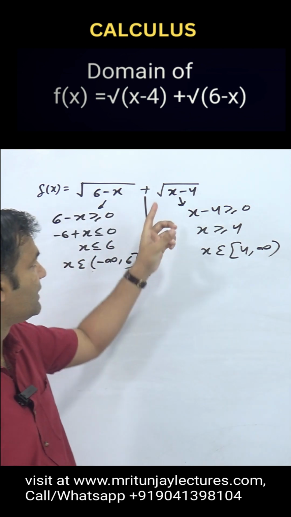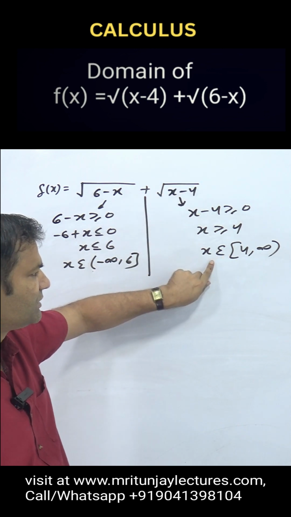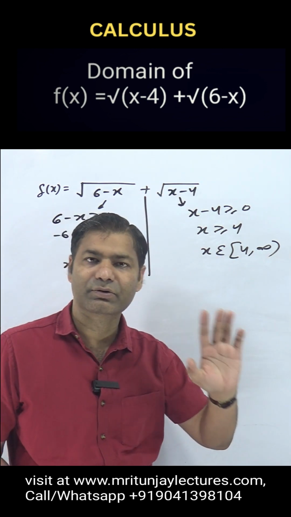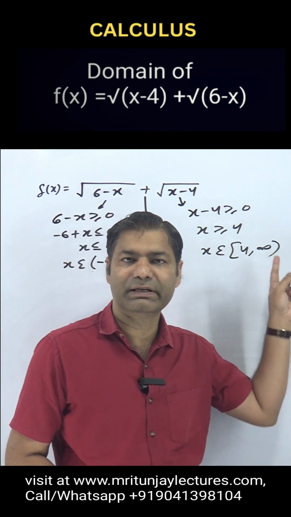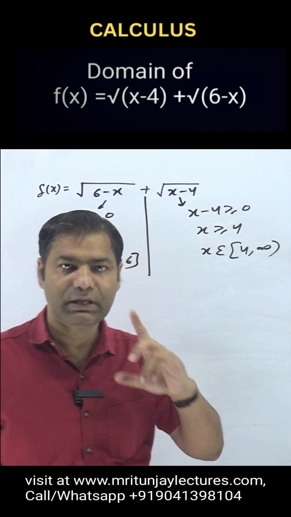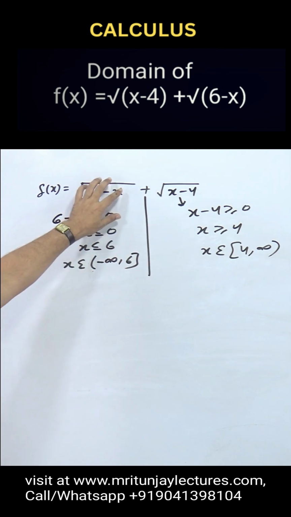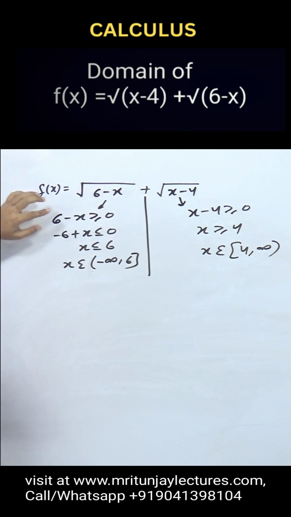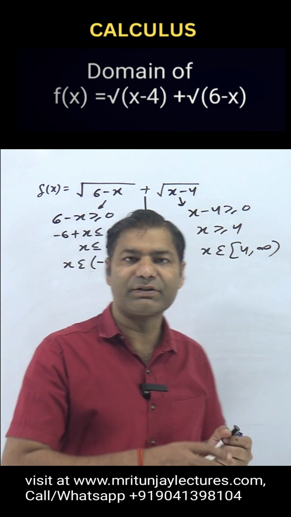So if anyone asks what the domain of that function is, it is written as 4 to infinity. That is a closed interval, 4 to infinity, and that one is an open interval. Clear or not? Similarly, here, if anyone asks the domain of that function, it means for which values of x the function is defined.